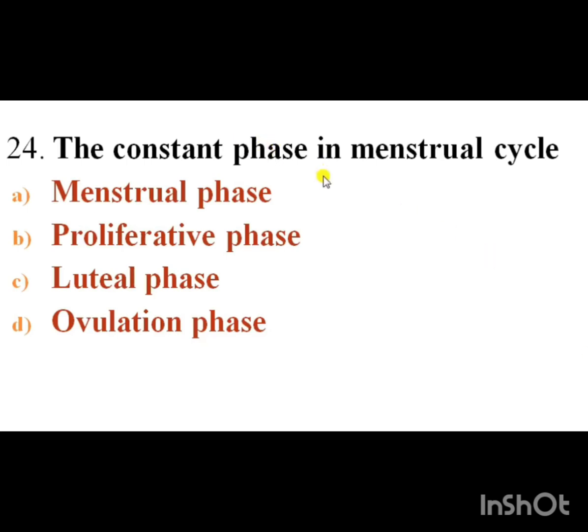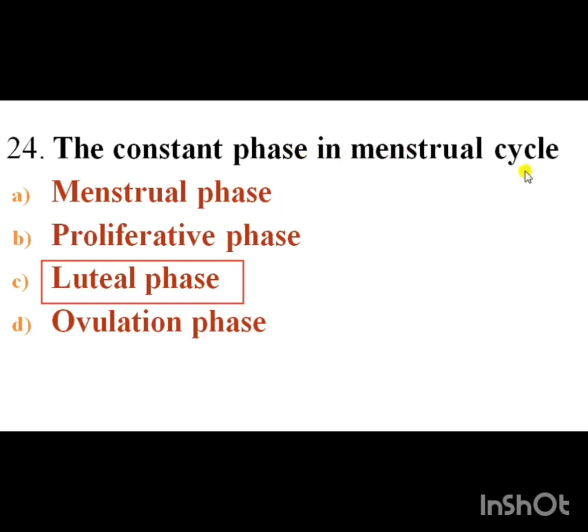Next question. The constant phase in the menstrual cycle: A. Menstrual phase, B. Proliferative phase, C. Luteal phase, D. Ovulation phase. Answer is C, luteal phase.